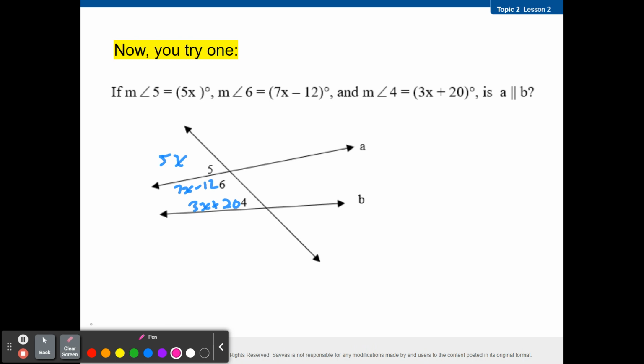All right, what do we have? Are these parallel or are they not parallel? Who's still working on it? Okay, I'll give you another minute.